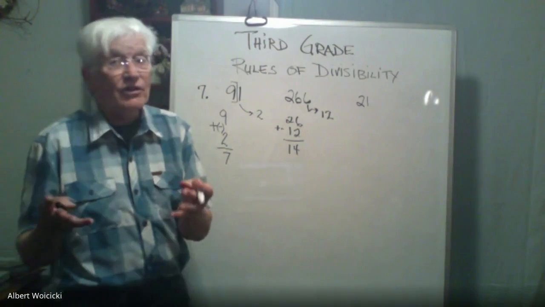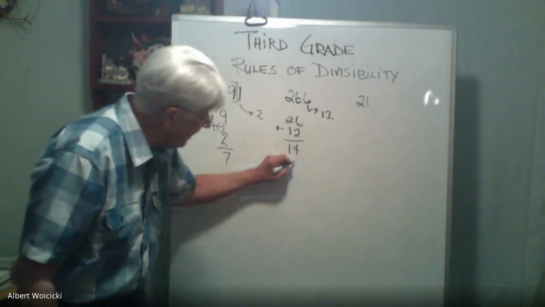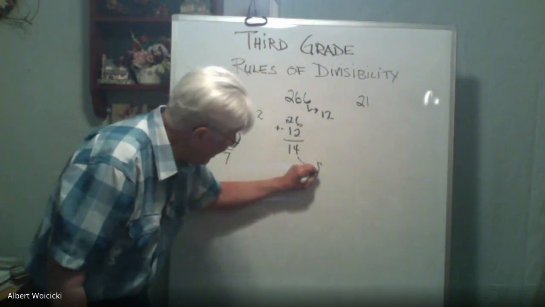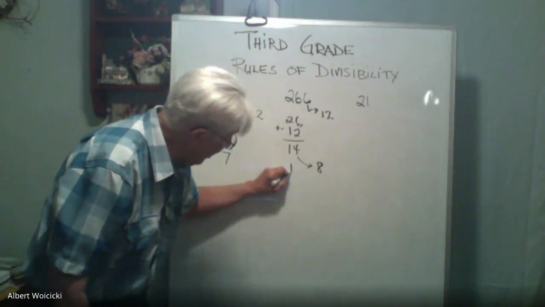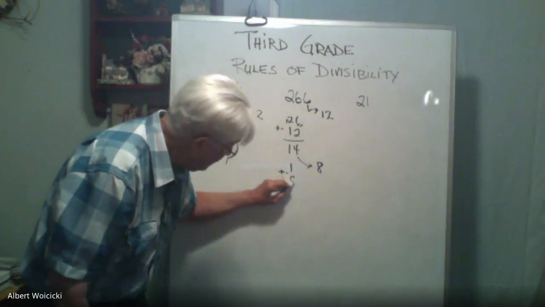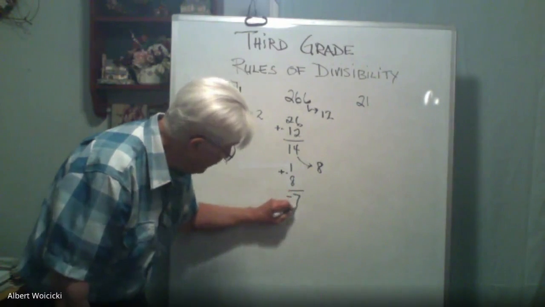Now, I could even go further than this if I wanted to. I could take this number, peel it off, and double it and make 8. Now I have 1 plus the opposite of 8. And that gives me the opposite of 7.